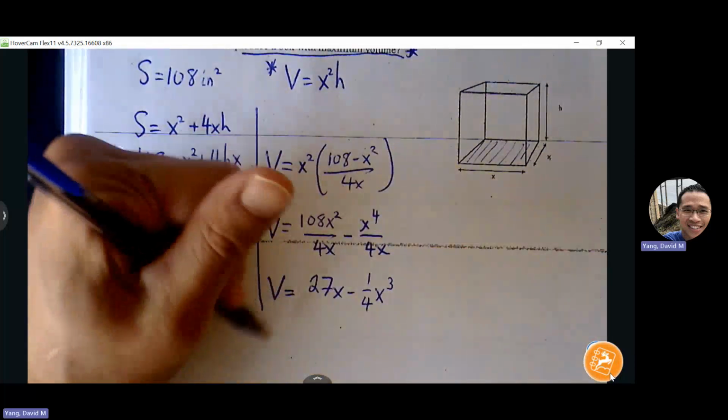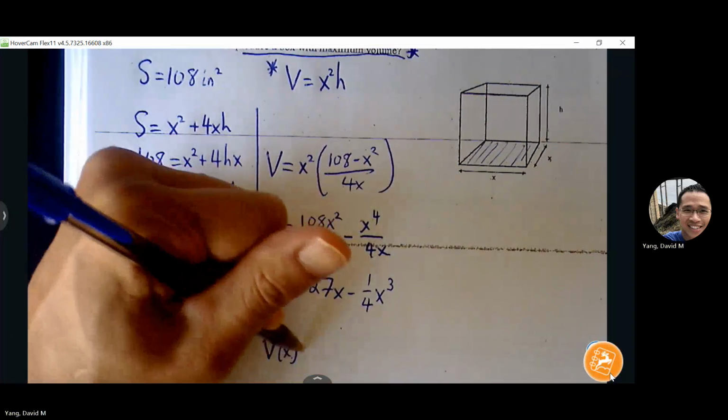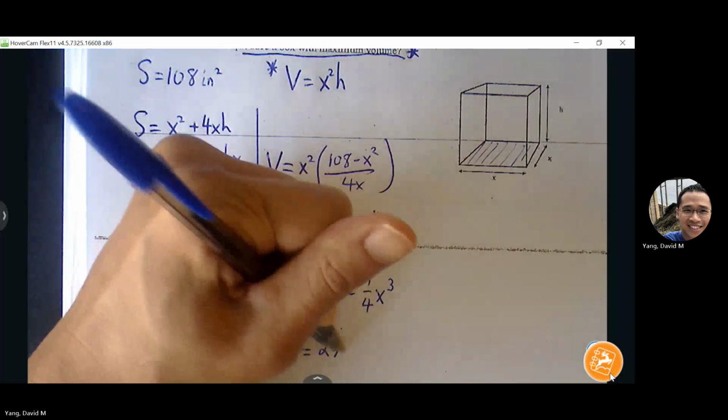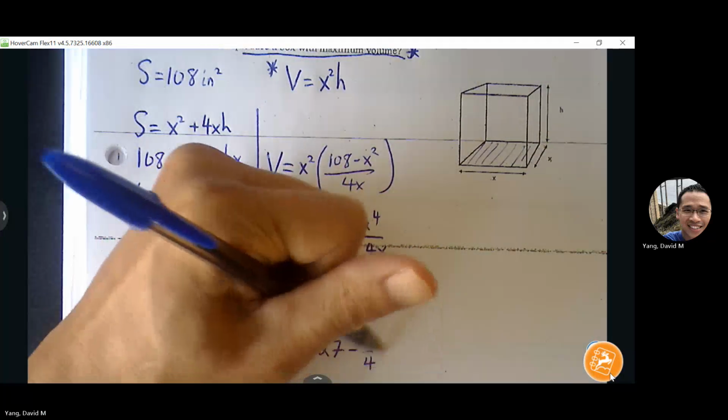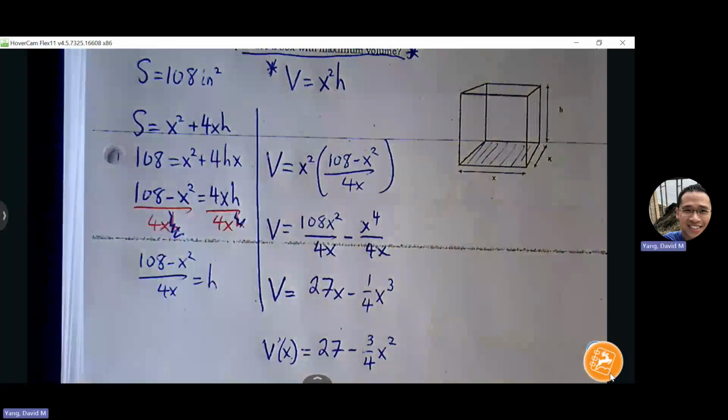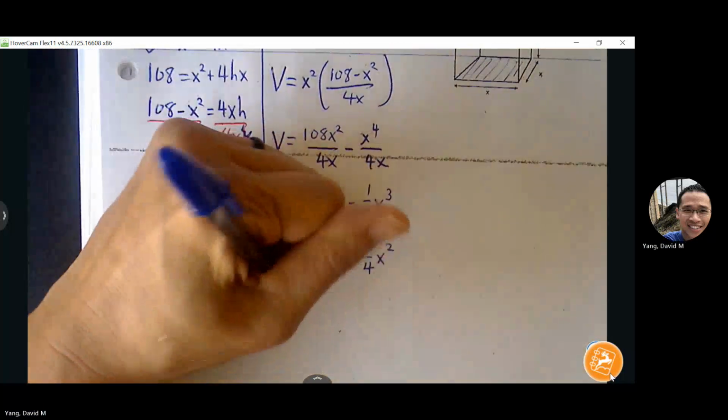Okay, find the derivative v prime. Okay, set equal to 0. And solve for x.